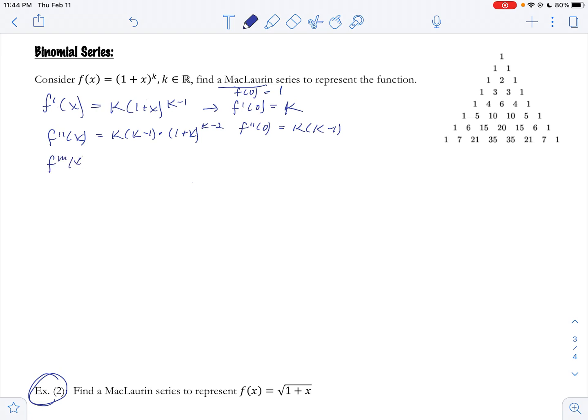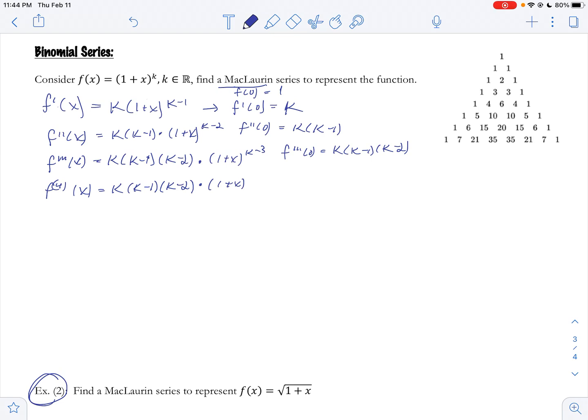Triple prime, I'm bringing down the k minus 2 now. And then I'm left with 1 plus x to the k minus 3, and f triple prime of 0 is just the k expressions. And let's go to the fourth. So we have k times k minus 1 times k minus 2, and then times 1 plus x to the k minus 4.